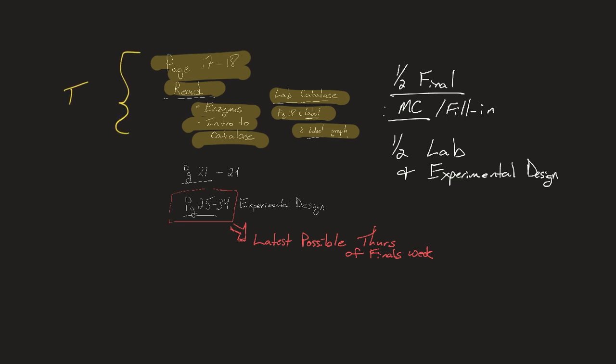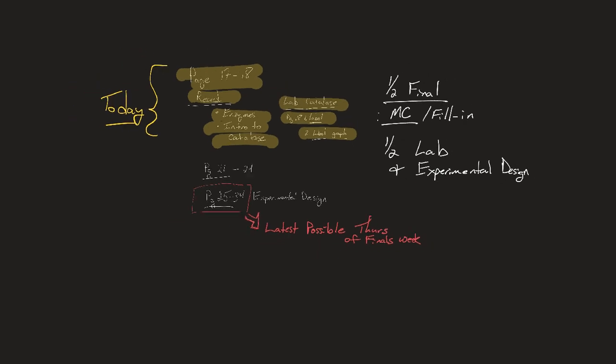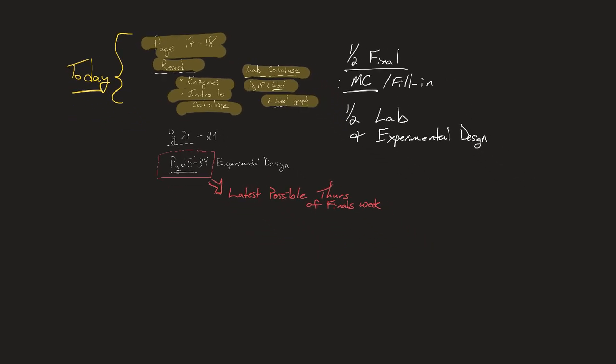All right. This is due on the latest Thursday of finals week. It's experimental design section. It's on pages 21 through 24. There's a lot of that. 21 through 24 is the lab. This will be done on finals week.